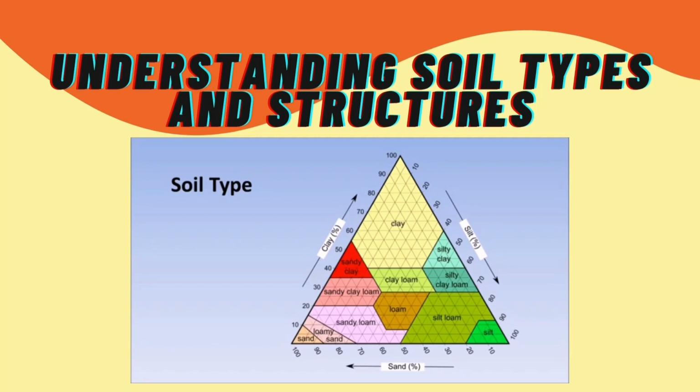On the left side, we can see the clay percent, and on the bottom we can see the sand percent. So after we calculate, we must find the value of percent that we got to know what the type of soil is.